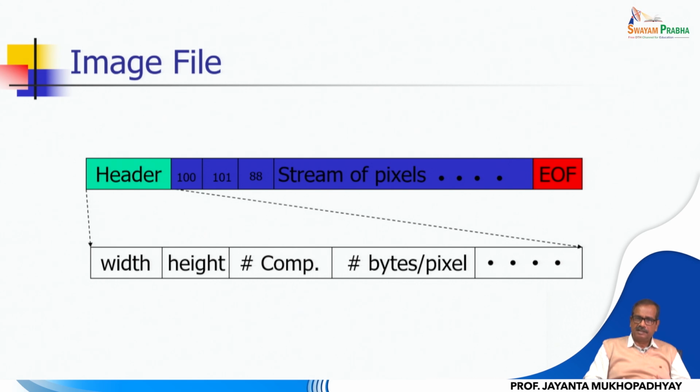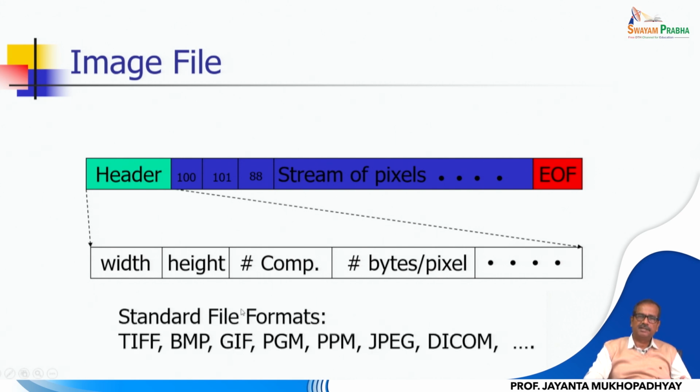So when the program reads the file, it first reads the header, and there are known formats by which this header is read and this information is extracted. We call it parsing of header information. So from there you take individual information, and then finally you read those streams of bytes as a stream of pixel values and get the image in its proper format.